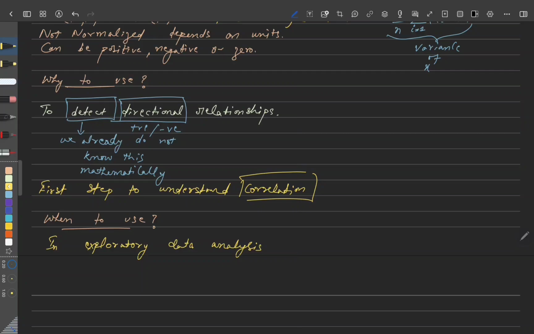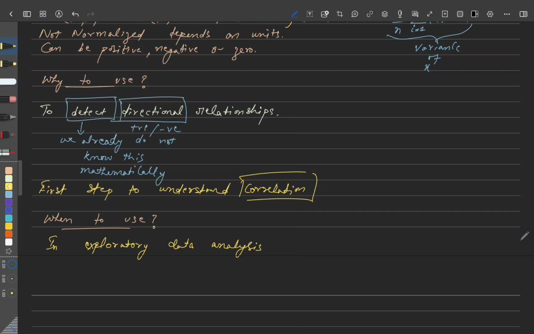For example, if you have 10 variables, you would take any two variables for which you have some intuition, and then you try to prove that intuition by calculating mean, median, standard deviation, variance, covariance.